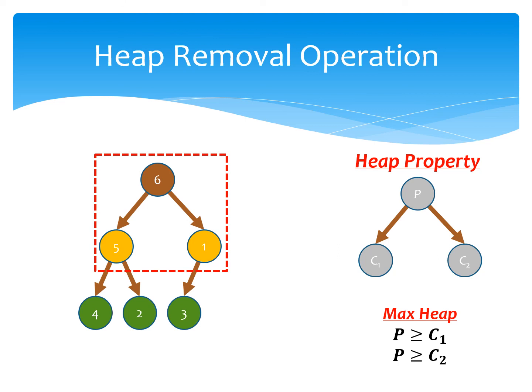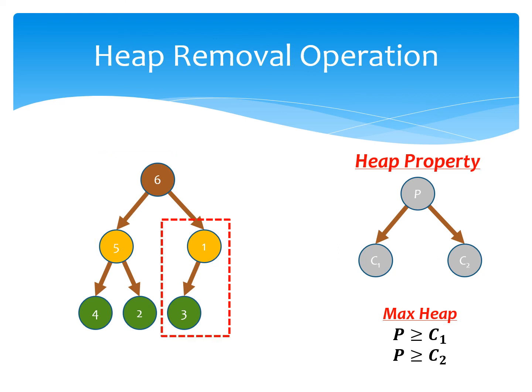After swapping the root node 1 and the right child node 6, the heap property is satisfied as shown in the red rectangle. Swapping the right child node with the parent node has impact on the right subtree as shown in the red rectangle.